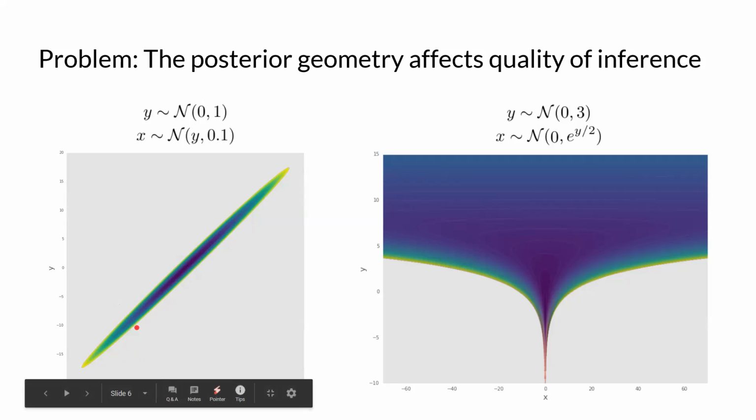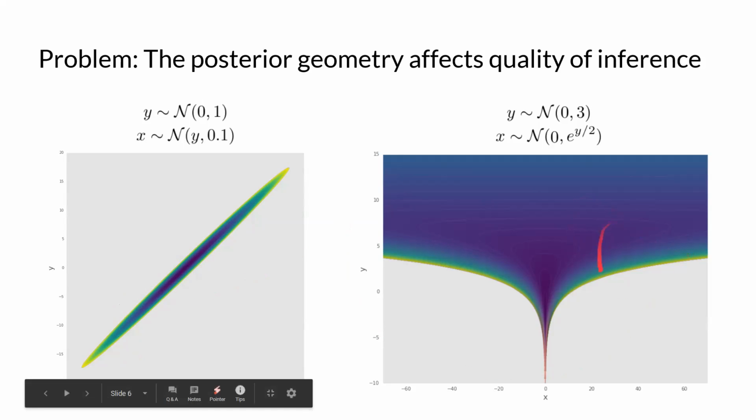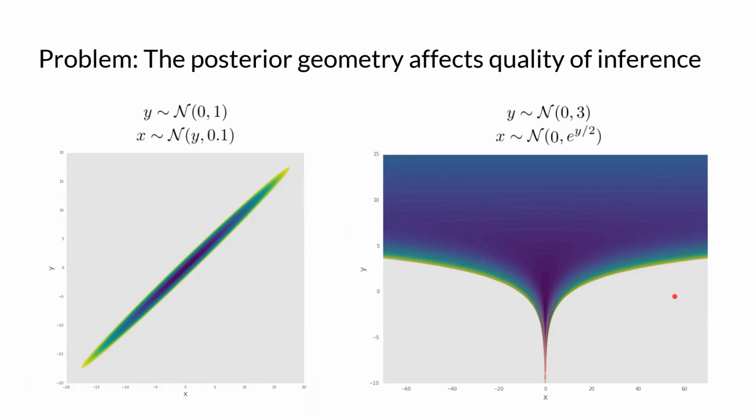However, HMC has its own pathological examples, unfortunately. On the right we see one such very famous example that is called in the literature Neal's funnel.